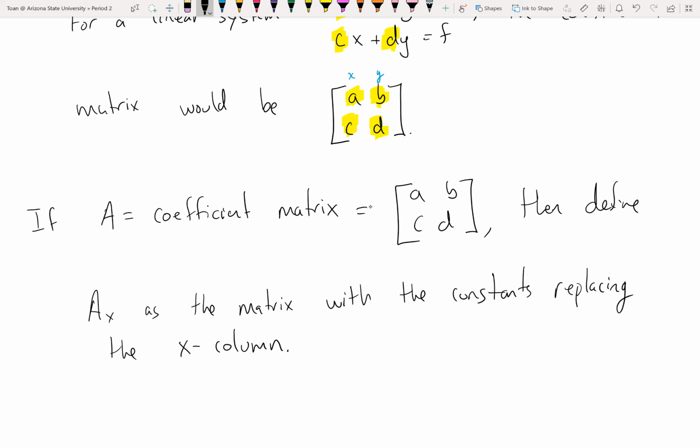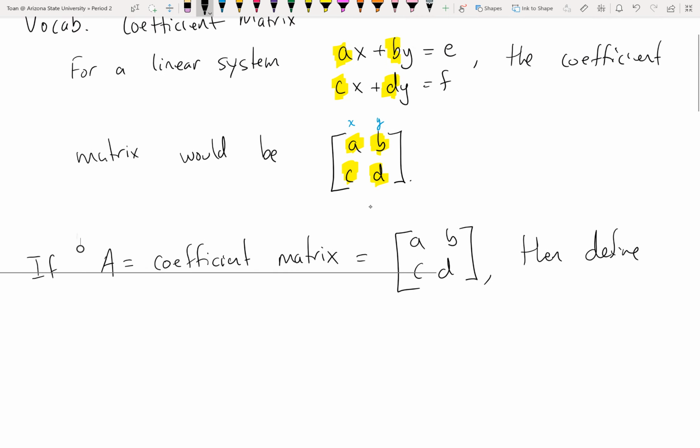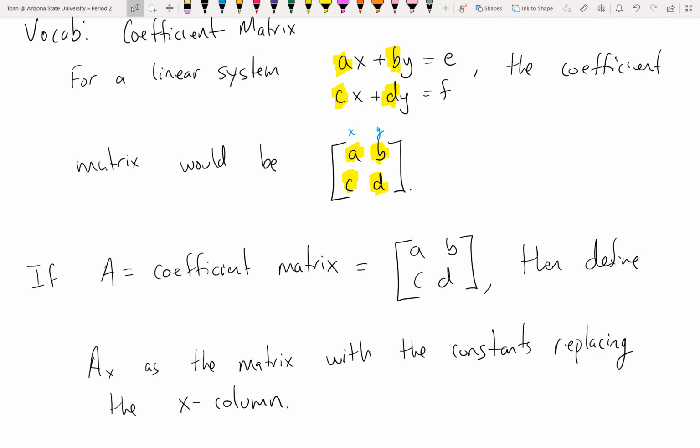What the heck does that mean? Well, if we take a look at the original system, ax plus by equals e, cx plus dy equals f, these guys are the constants here. Do you guys agree that e and f do not have variables attached to them? So they're the constants. What A sub x does is take the coefficient matrix, but take these constants and replace the x column with them.